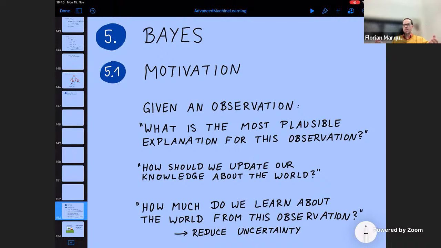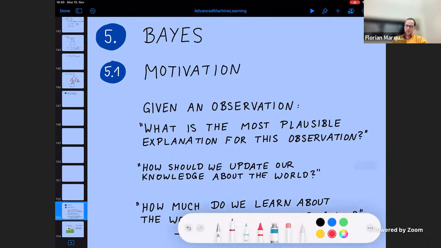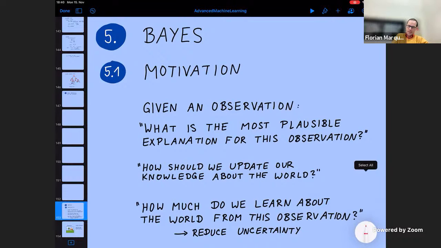I didn't know many things. Now I know a little bit more, so I have reduced my uncertainty. And if you look carefully at these sentences, there are some keywords like plausible or uncertainty, and all of them have to do with probabilities. So what you're really asking about is, what should I do with probabilities when I'm making an observation?